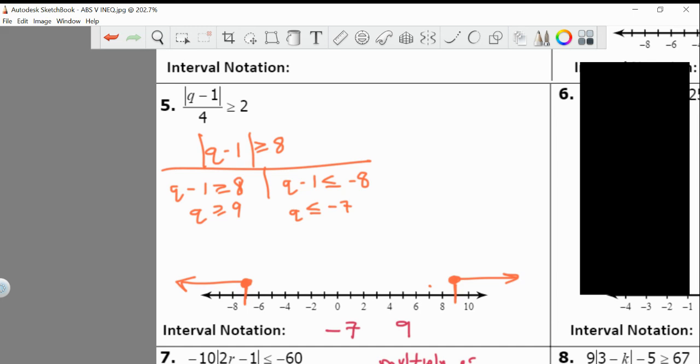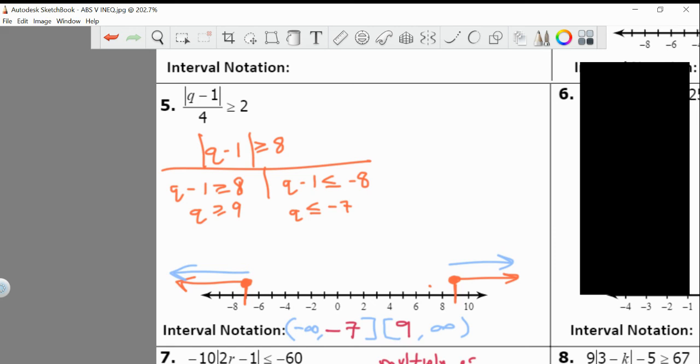Now, if it was between these two, I would put brackets like this and be done. Okay, if, like in this case, it's not between these two, it's on the outsides, I would put negative infinity and positive infinity. Right, but those two numbers, there are always going to be those middle 2 numbers. Now I just put the brackets like this.